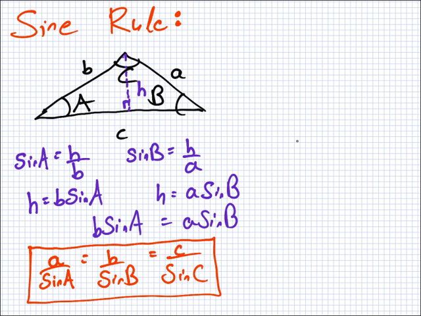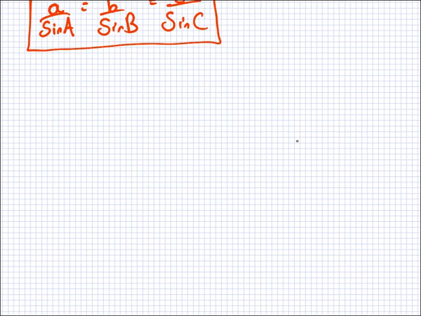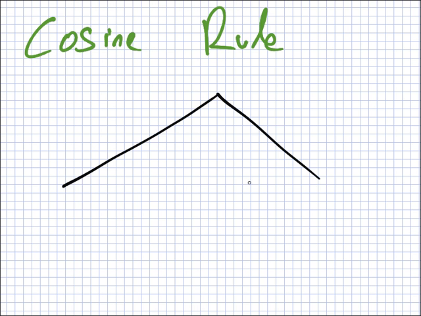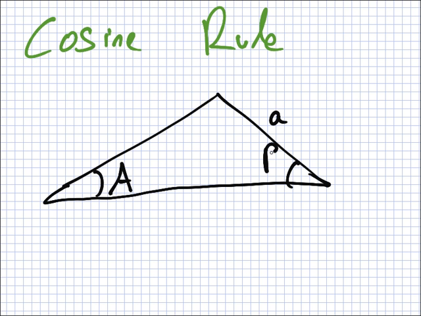Yeah? Yes. Okay. Let's have a look at the next rule, the cosine rule. Let's keep it the same. A, B, B, C, C.